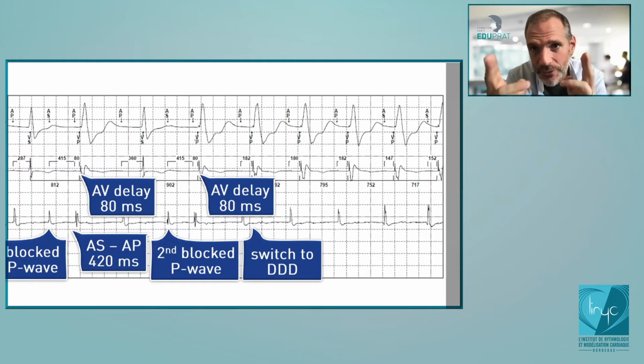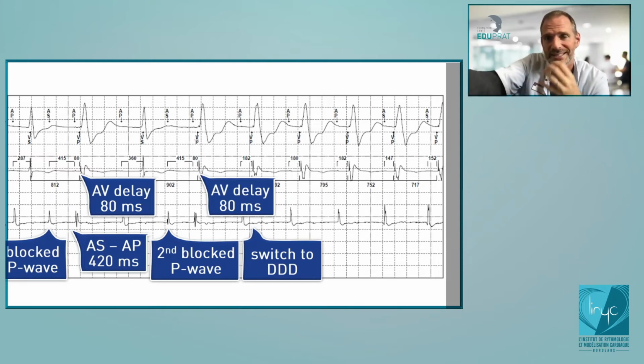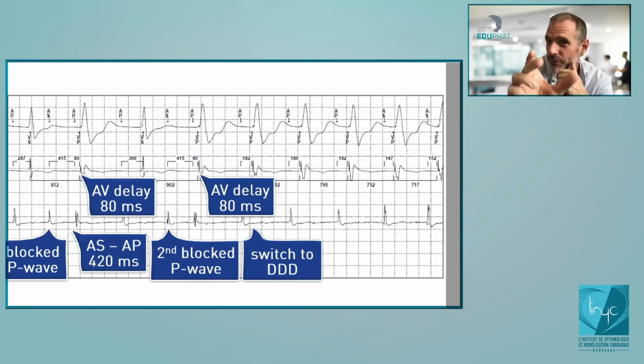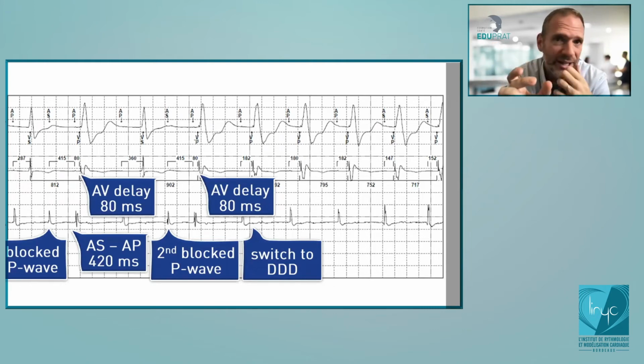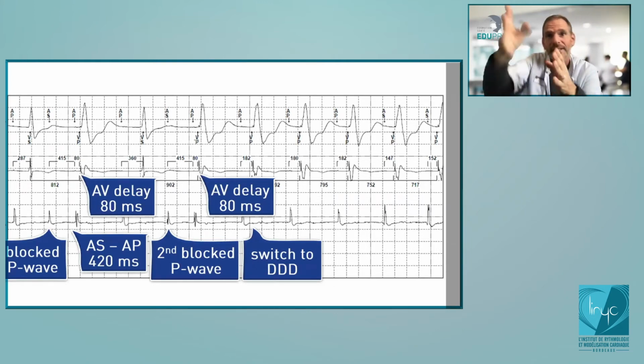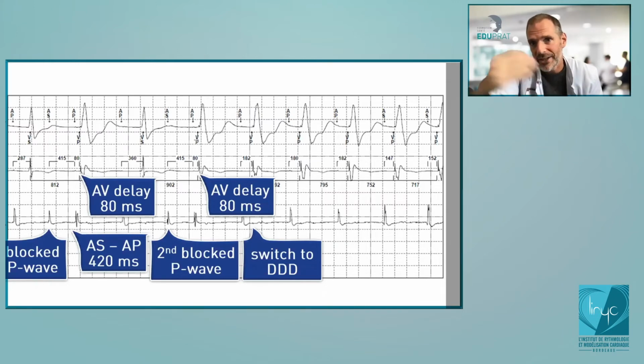This PR interval determines the duration of the next window for checking the presence of the R wave. Is this clear? So with exercise, if you have a shortening of the PR interval, then the window will be shorter. If you have a lengthening of the PR interval, it will be longer.